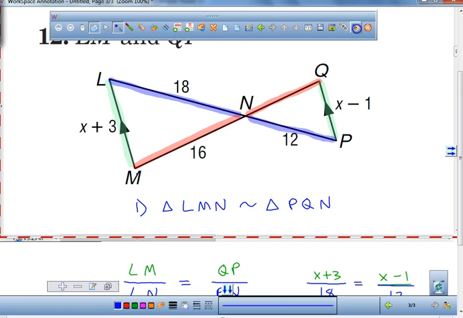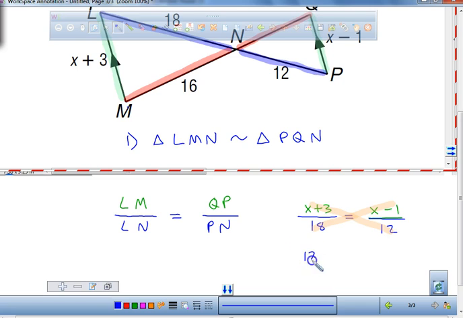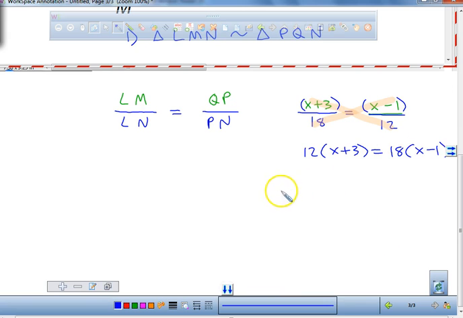Okay. Now let's go ahead and solve for x. So now we have 12 times (x plus 3) equals 18 times (x minus 1). Put those in parentheses. Now, if you don't like the way this looks, you can also write 18 times (x minus 1) equals 12 times (x plus 3).